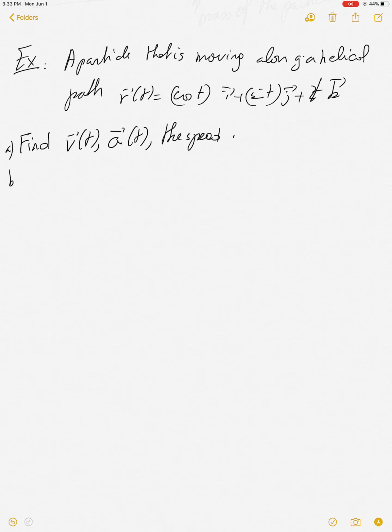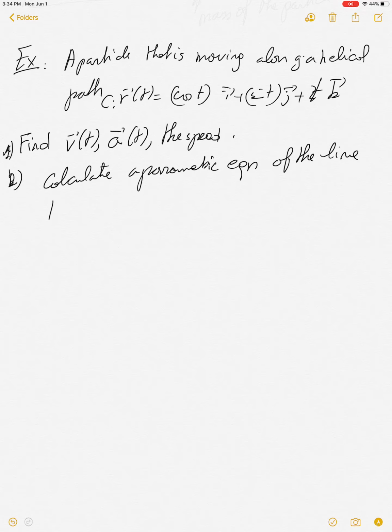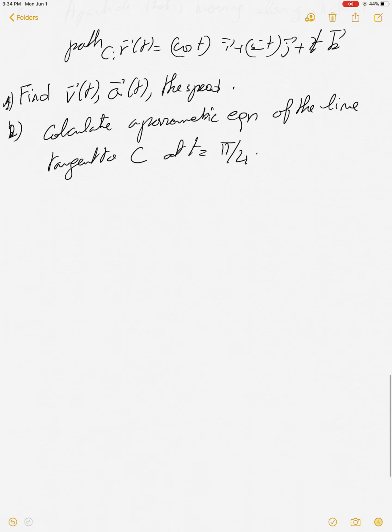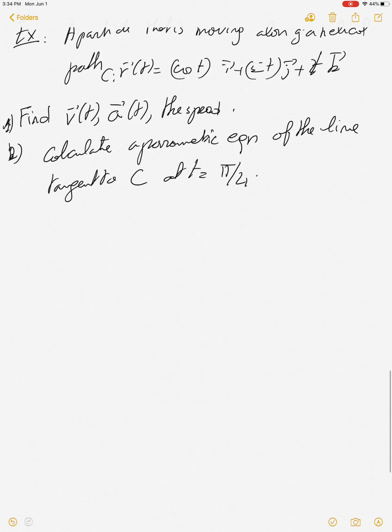Question 2: calculate a parametric equation of the line, which I call the line tangent to C at t equal pi over 4.